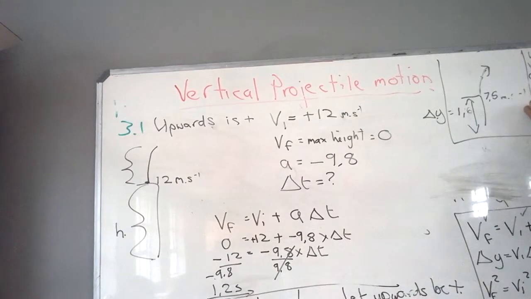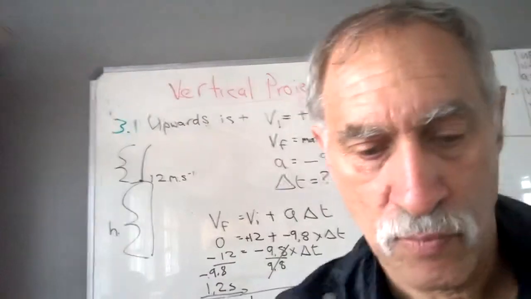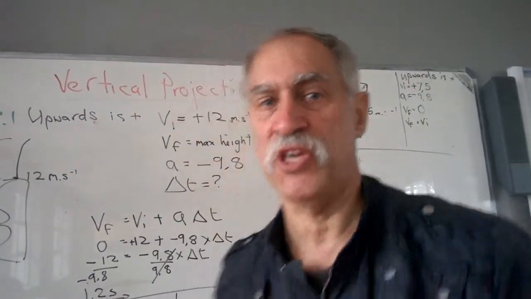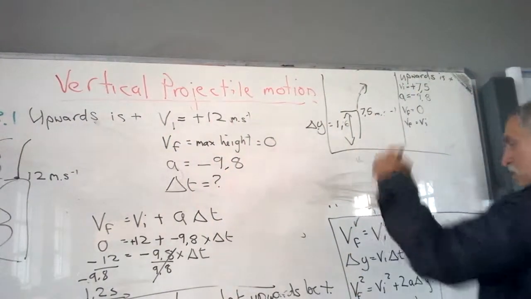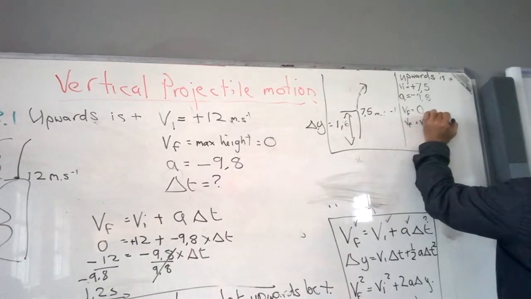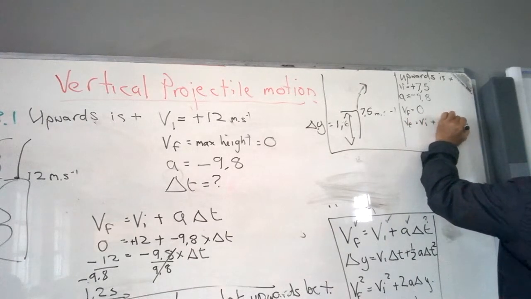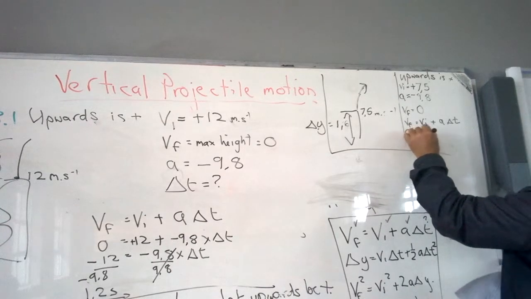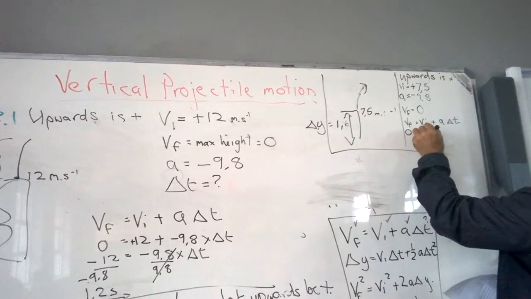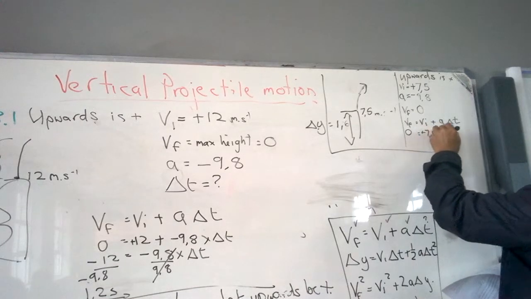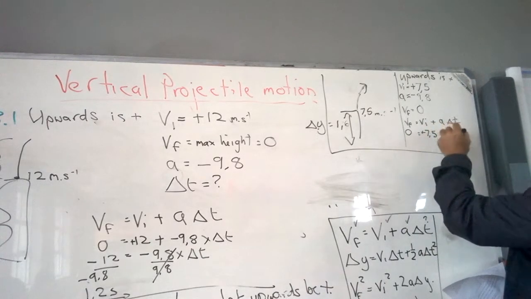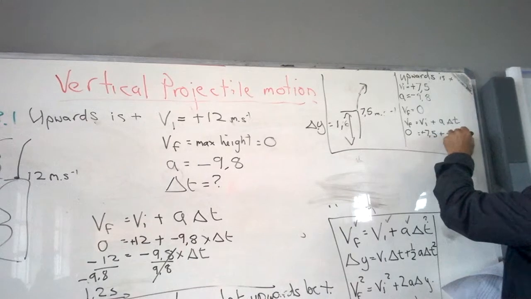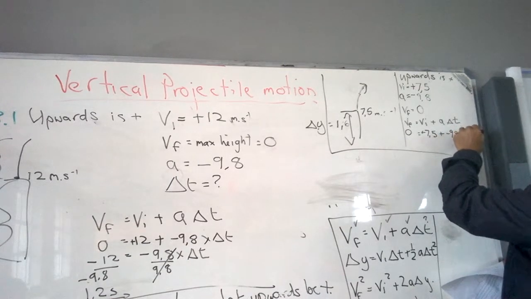V final is V initial plus a delta t. What is V final? 0. What's V initial? Plus 7,5. What is a? Minus 9,8, and we're trying to find delta t.